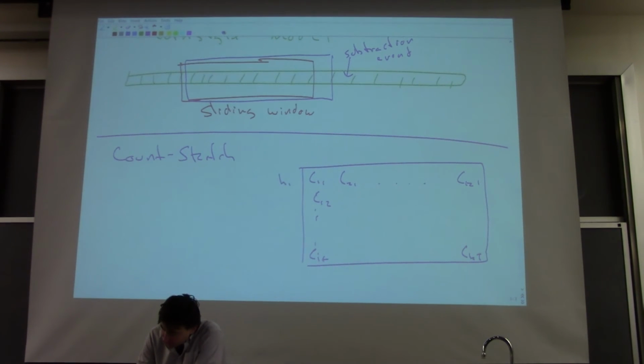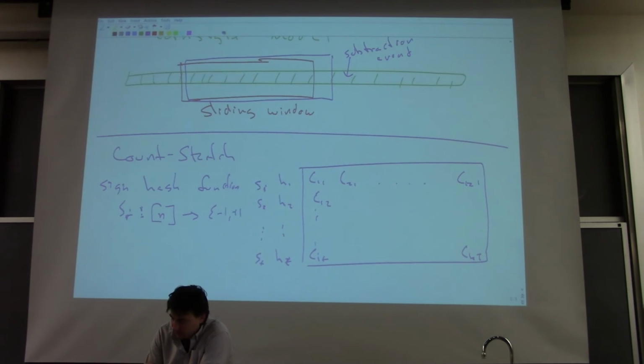You also have these hash functions. And you're going to also have a second hash function, which is going to be simpler. This is going to be a sign hash function, S_r, and this is going to go from your set to a -1 or a +1.